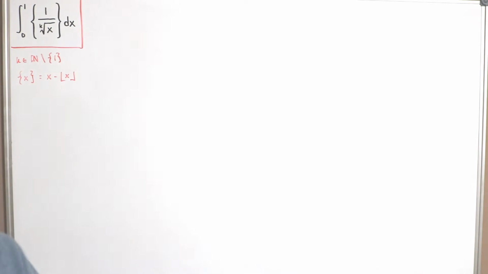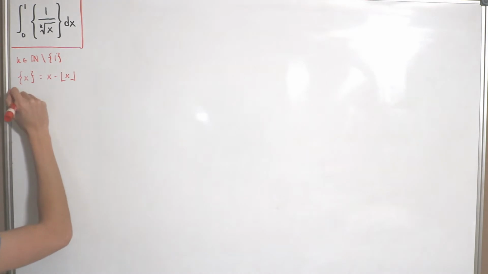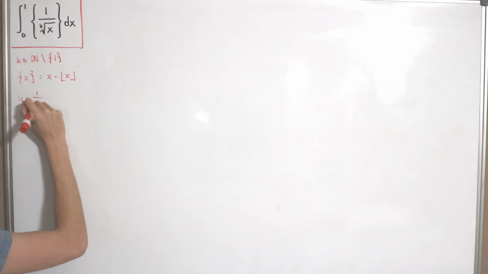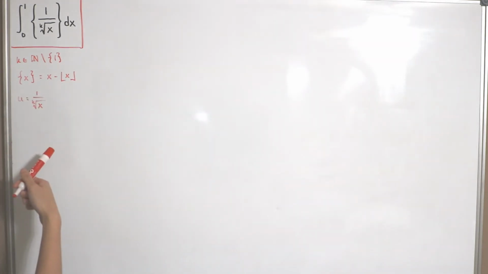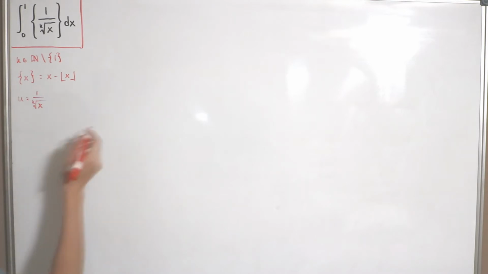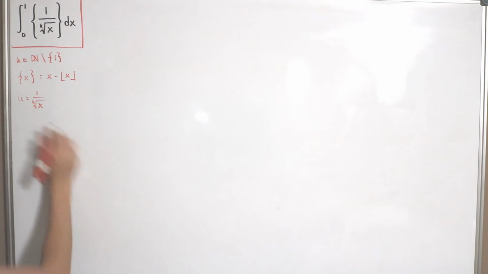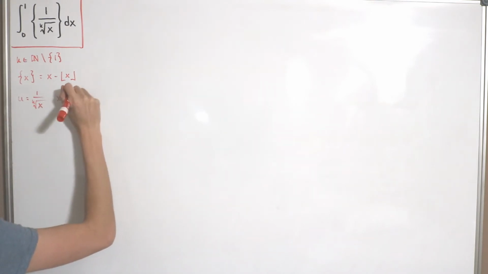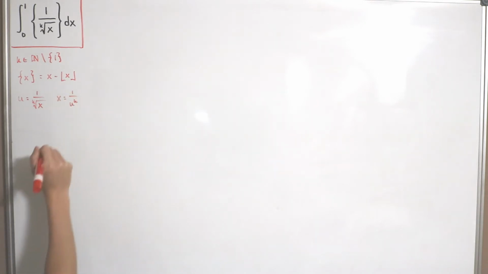Let's start off by doing a u substitution. I'm going to let u equal the inside of our fractional, 1 divided by the kth root of x. I'd like to rewrite this in terms of x. Solving for x, we get x equals 1 over u to the k power.